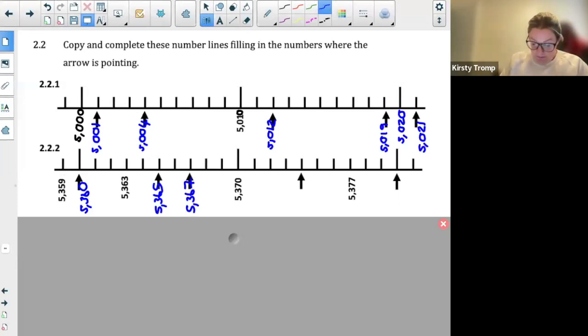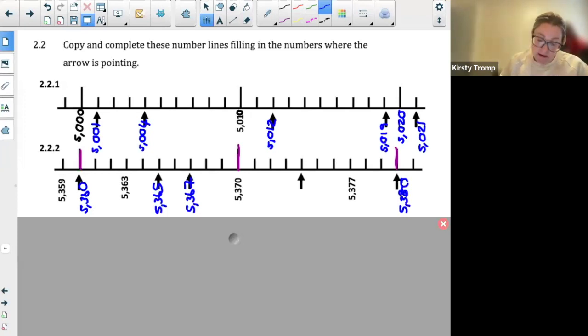Okay. If I'm looking at my big lines, and what I mean by my big lines are these ones here that I'm making purple. That's a big line. That's a big line. This one will be a big line. I've got 60, 70. So my other one is going to be 5.380.